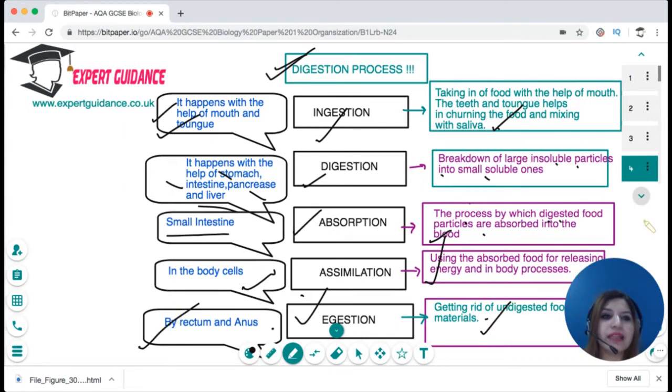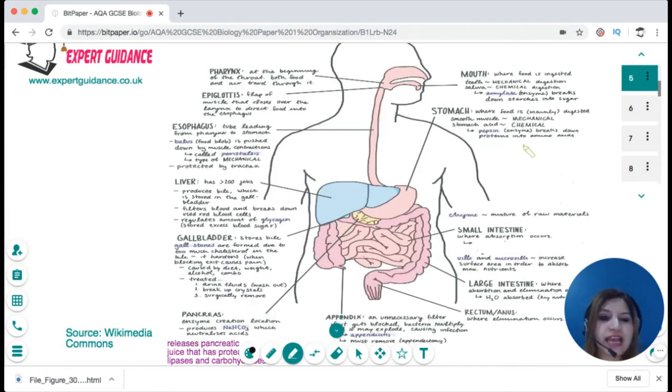Okay, now let us quickly summarize this entire digestion process. It starts with the mouth, where food is ingested, mechanical digestion starts, and amylase mixes in, which starts to break down the starch into sugars. Then it is the pharynx, which is at the beginning of the throat, and both food and air travel to it.